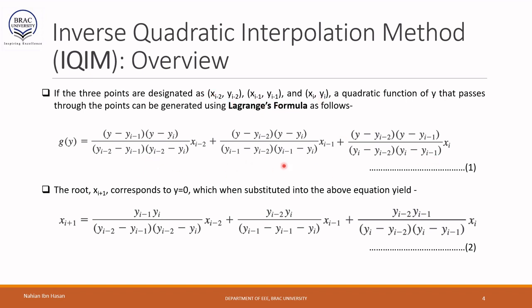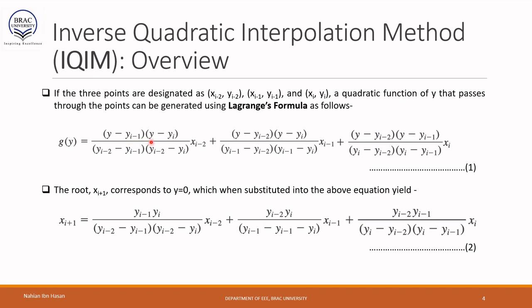For example, in the first term, the multiplicative term is x_{i-2}, and for this case, in the numerator there will be no y_{i-2} term. Look at this: in the numerator of the first term we have y minus y_{i-1} multiplied by y minus y_i. There is no y_{i-2} term. So this is the pattern.